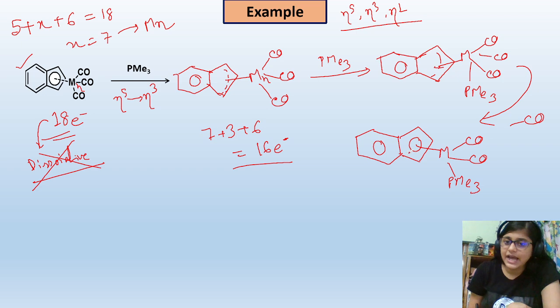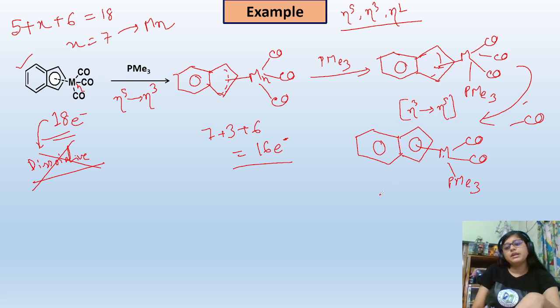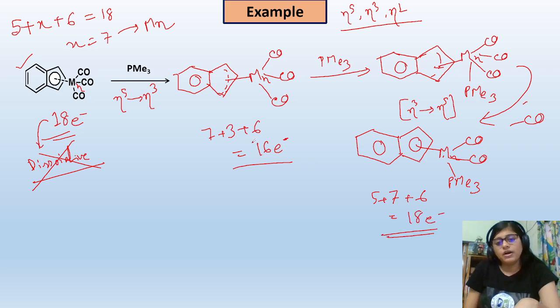So see, I have changed the hapticity again. After the dissociation happens, eta 3 to eta 5 conversion will happen again. So see, now 5 plus Mn, it is Mn, right? So 7 plus 2, 2, 2, 6. That means 18.